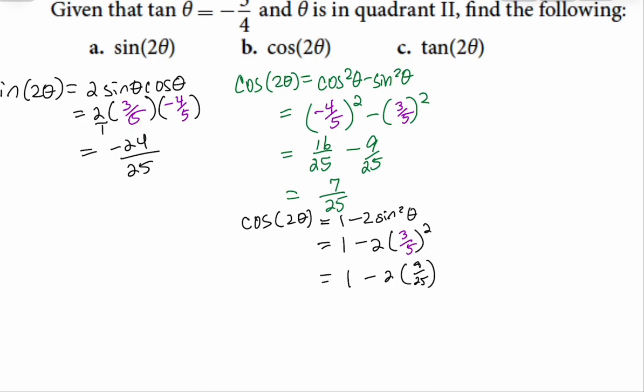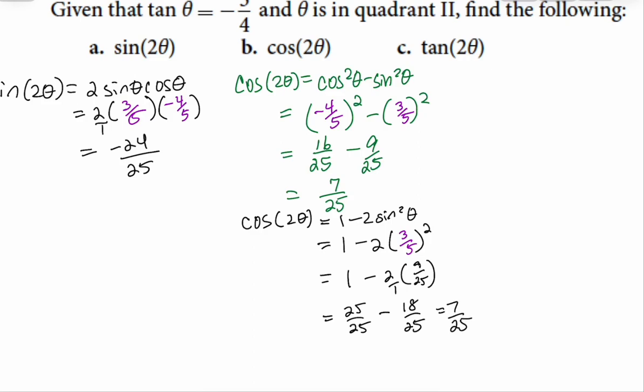To multiply by a whole number, put it over 1. I'm going to do the back here to illustrate what's going to happen next. That's going to be minus 18 over 25. Now, 1 whole is 25 over 25. So that's how you could get common denominators. And then just subtract. 25 minus 18 is indeed 7 over 25.